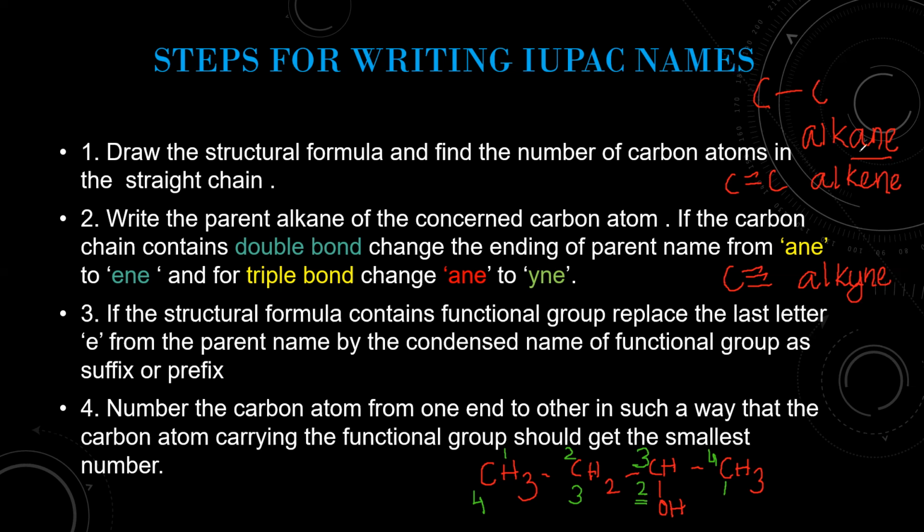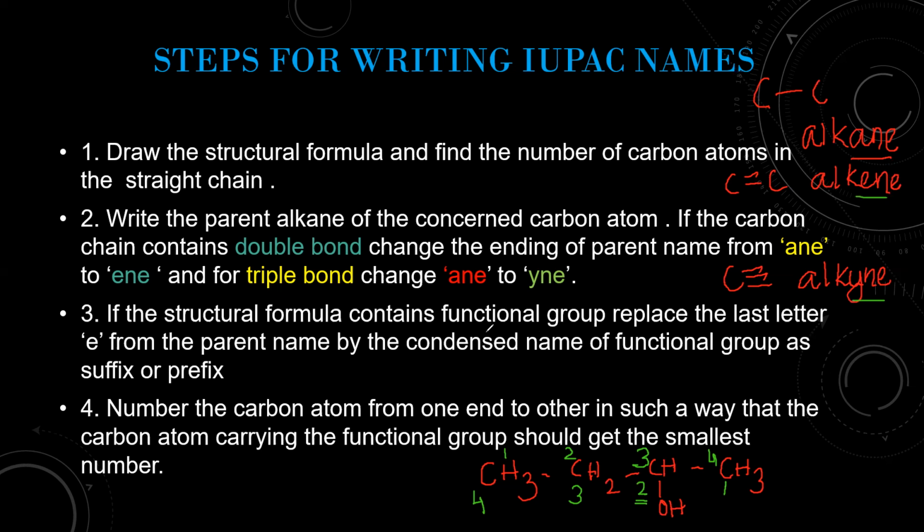First step is we have to find out the number of carbon atoms. Then we have to write the parent alkane. The next step is we have to find out whether a double bond or triple bond is there or not. If double bond is present, then we have to replace ANE by ENE. If triple bond is present, then we have to replace ANE by YNE. And the next step is we have to check whether a double bond or triple bond is also a functional group, and whether any other functional group is present.